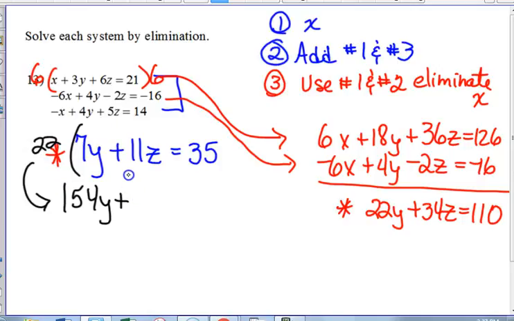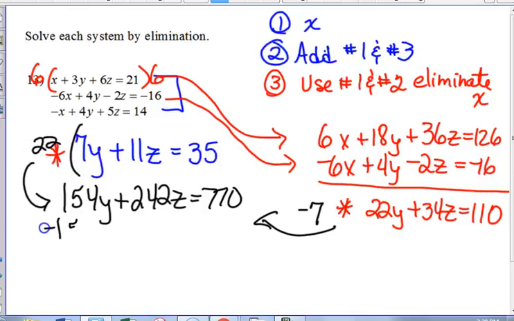154y plus 242z equals 770. What do I have to multiply this guy by? A negative 7, maybe?